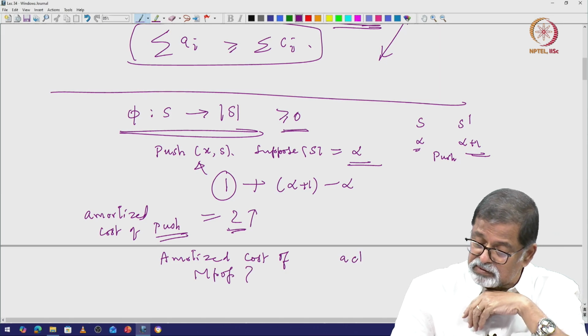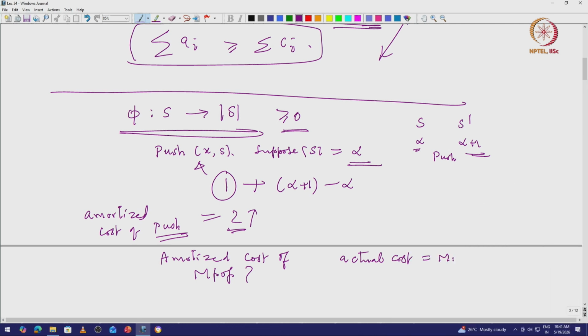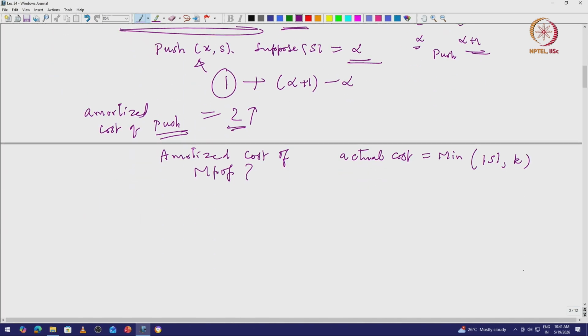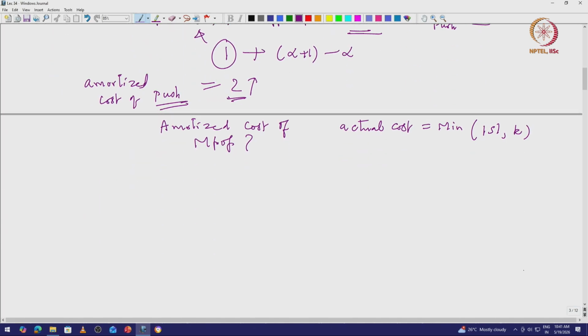Actual cost is the minimum of cardinality of S and k. This is the actual cost. Let us see the potential difference, because amortized cost is actual cost plus potential after minus potential before.